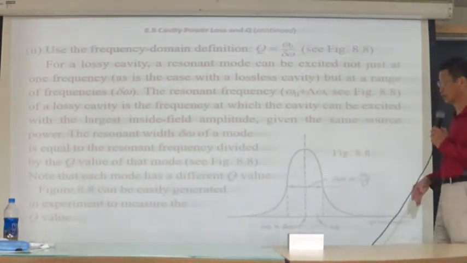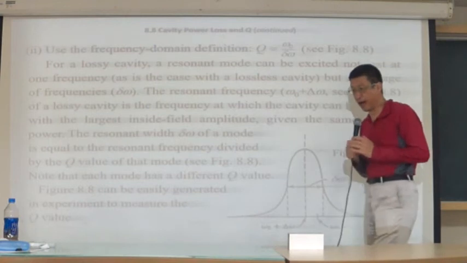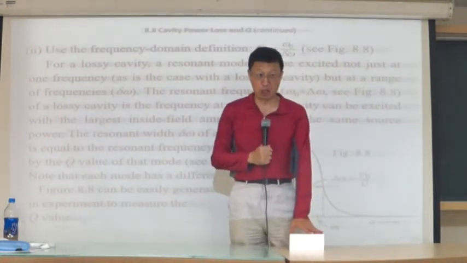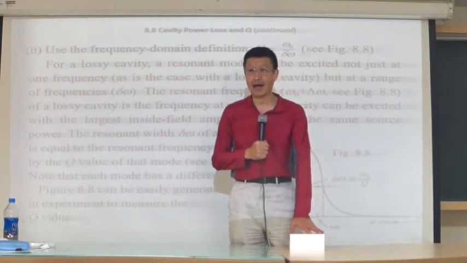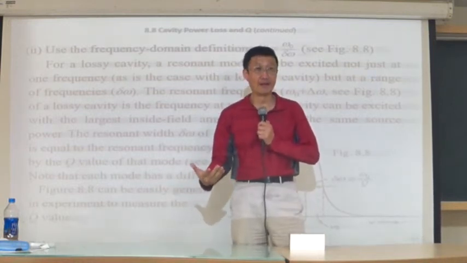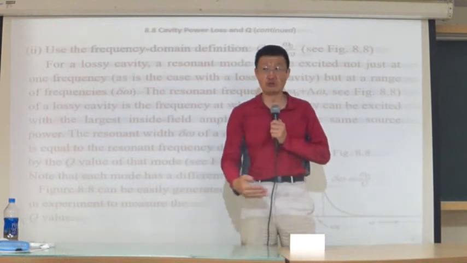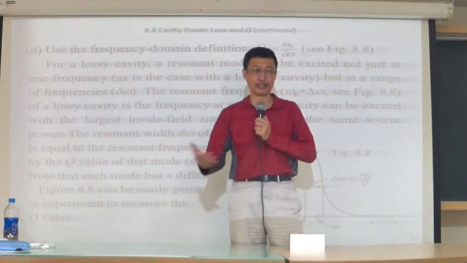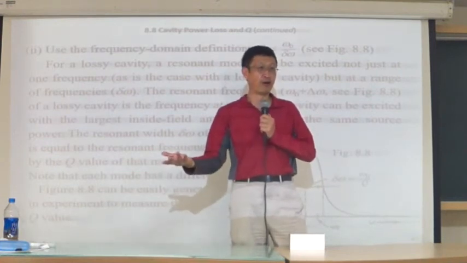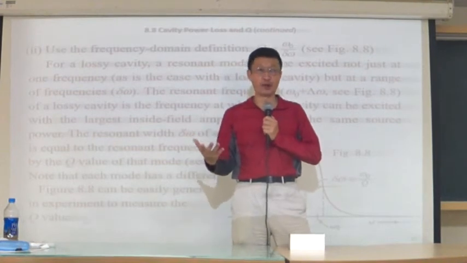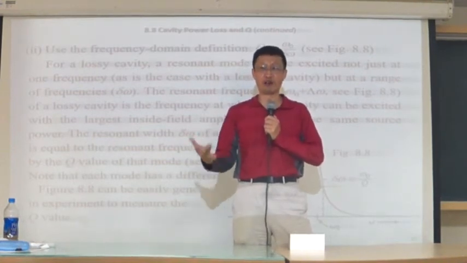Okay. For example, if you have a cavity with very high Q, and your source is unstable, what will happen? Most of the energy will reflect back. That means your energy doesn't work at all. Okay? For example, hyperfine splitting in nuclear magnetic resonance.